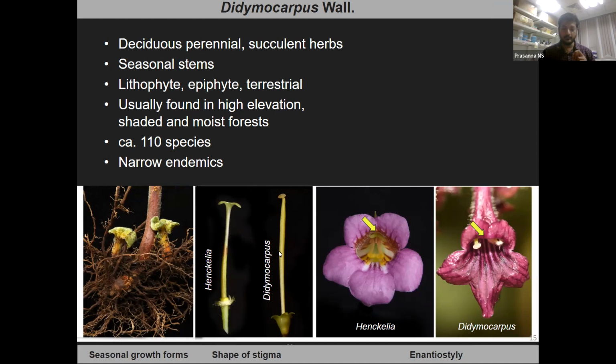Another important character which distinguishes Didymocarpus from Henkelia is the presence of something called enantiostyly. It's a kind of floral polymorphism where the style deflects to the left or right side of the axis, and is hypothesized to be an evolutionary adaptation to increase cross-pollination.